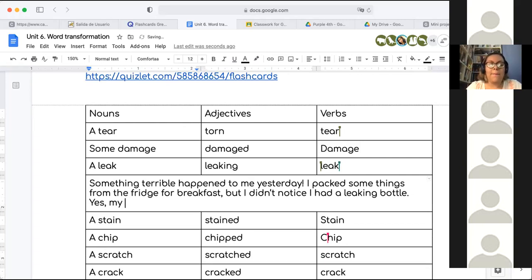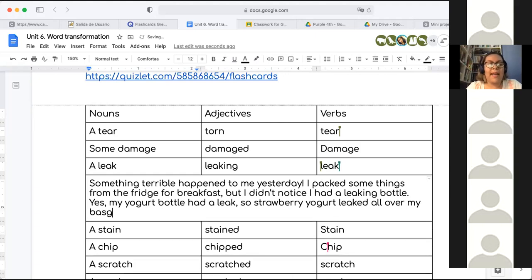Yes, my yogurt bottle had a leak. So strawberry yogurt leaked all over my handbag. Okay, really silly example, but here we can see the 3 word forms in action.